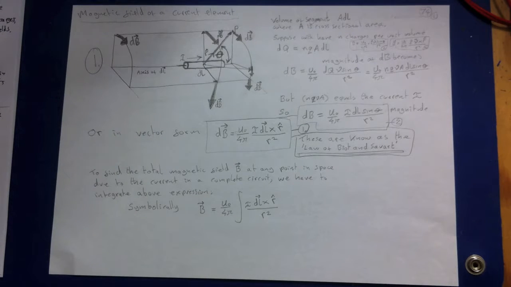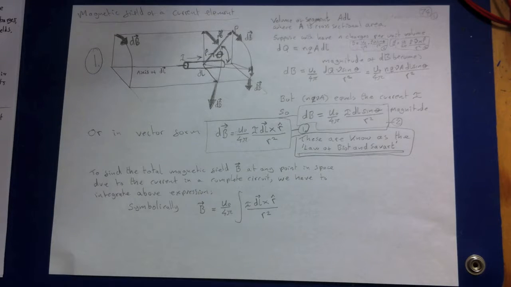We can use the relations we've just gone over to find the magnetic field caused by the current in this segment. The volume of the segment is A dl, where A is the cross-sectional area. Suppose we have n charges q per unit volume, then the total moving charge dq in the segment is dq equals nq, the area A, times dl.